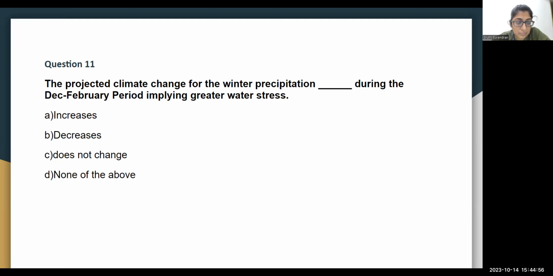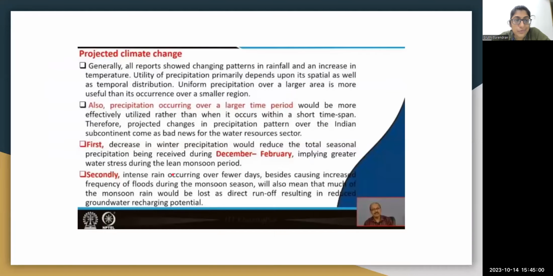Okay. So what is projected climate change? Based on the data we have now and on historical data, we have developed various models that predict what the weather and climate will be in the future. So projected climate change is nothing but the climate change scenario in the future.